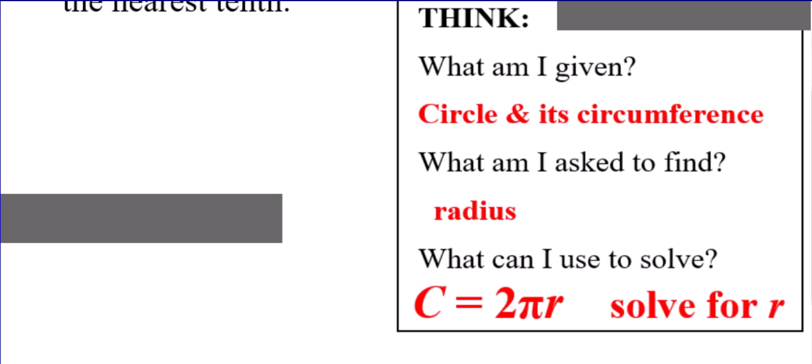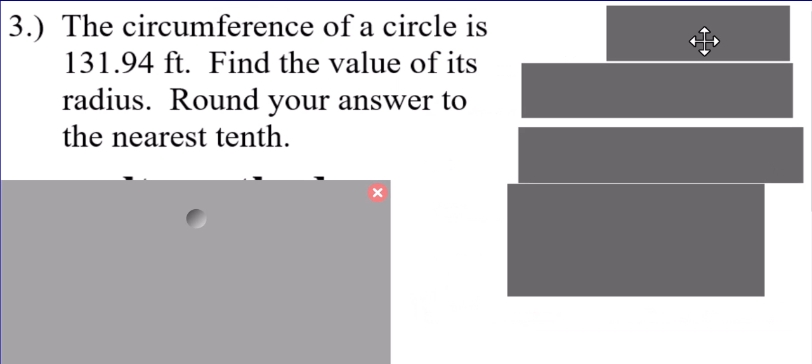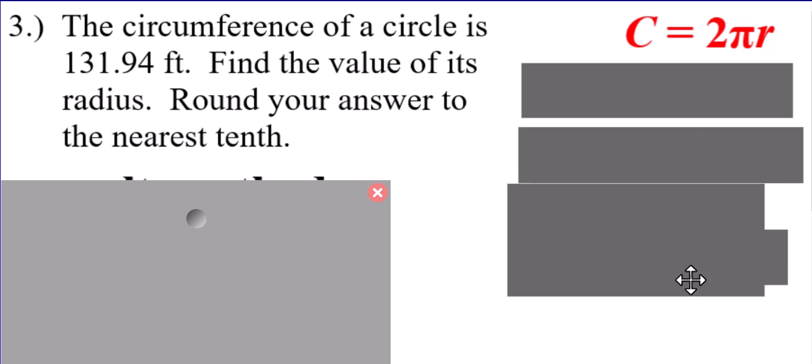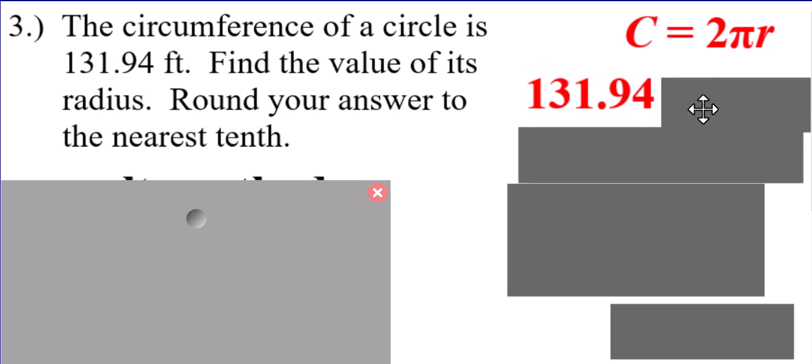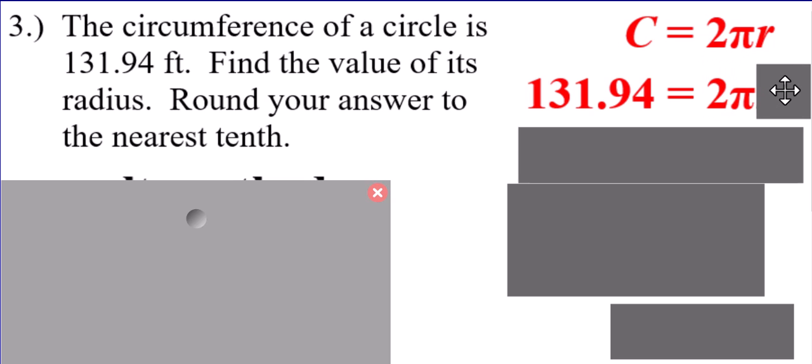Okay, let's do this together. Formula, substitute, solve. So we just said that we were going to use C equals 2 pi r. So write that down. Always start with the appropriate formula. Circumference is 131.94, so substitute that in for C. Equals 2 is still 2. Pi is still pi. Do we know the radius? No, we do not, so we're going to keep that r. What's happening to the r?